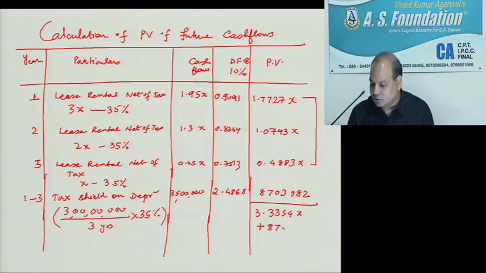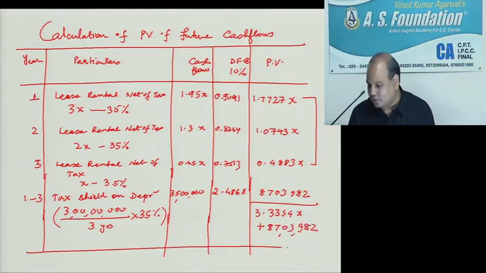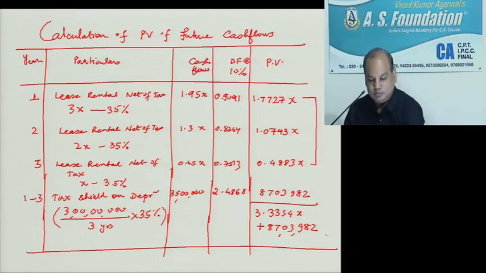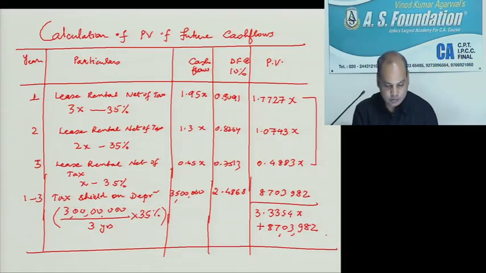Okay, don't sit. Go ahead, solve. Write one note. In order to earn 10% rate of return, PV of cash inflow should be equal to PV of cash outflow.